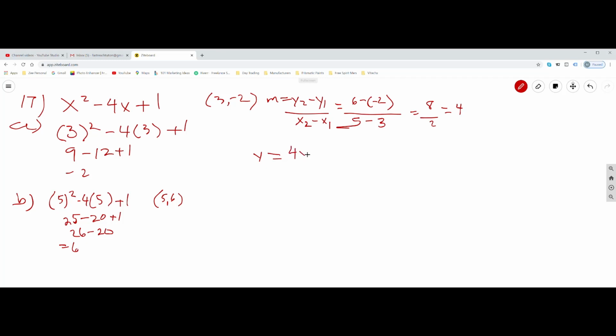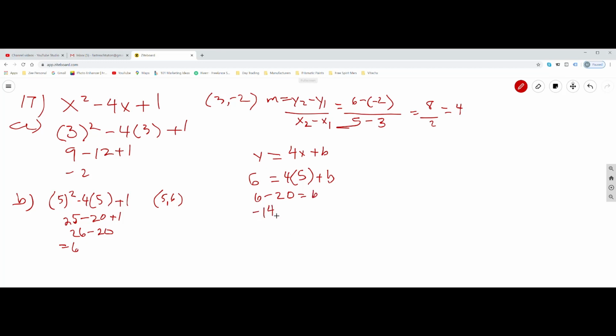So we can do y equals 4x plus b. Now we need to calculate what b is. We're going to substitute either of the 2 points. So let's use 5 and 6. So 6 equals 4 times 5 plus b. 6 minus 20 equals b.